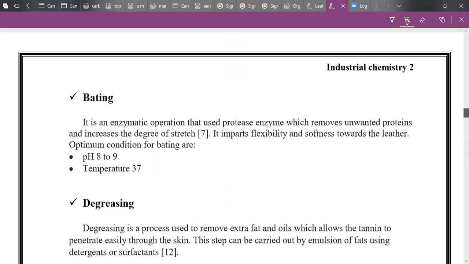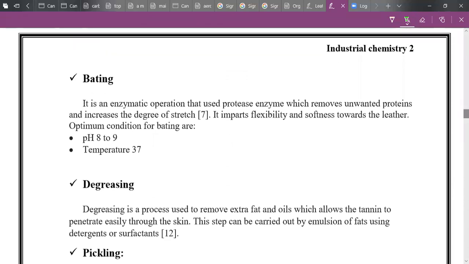So in the bating process, it is an enzymatic operation that uses protease enzyme. Protease enzyme is an enzyme that removes the unwanted proteins and increases the degree of stretch. It imparts flexibility and softness to the leather.